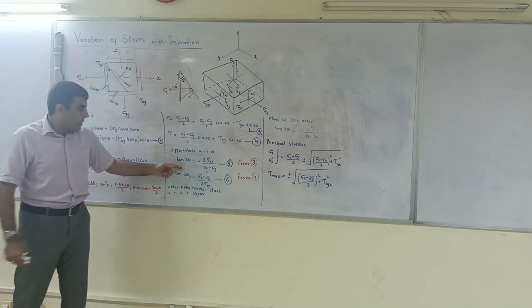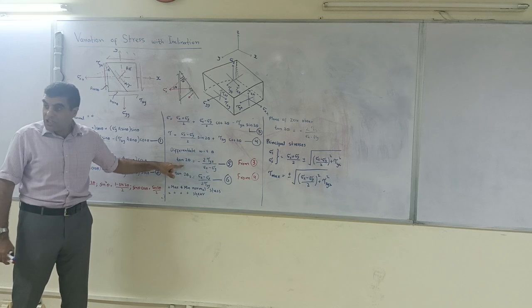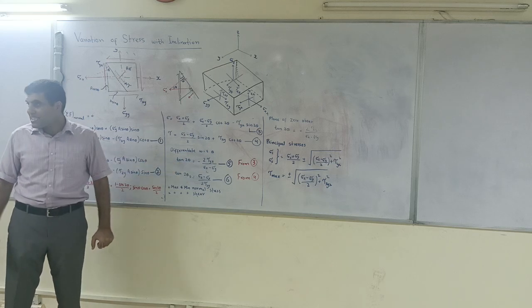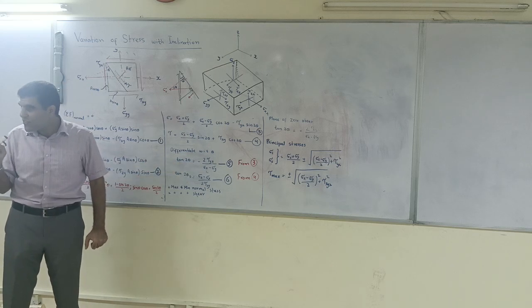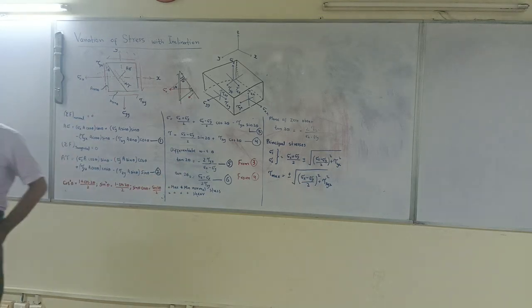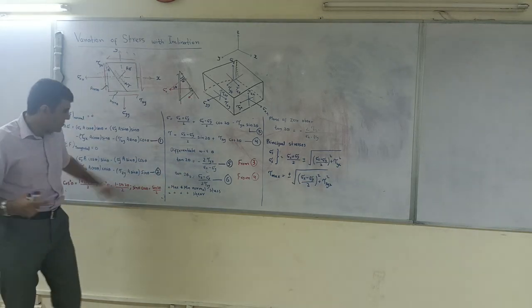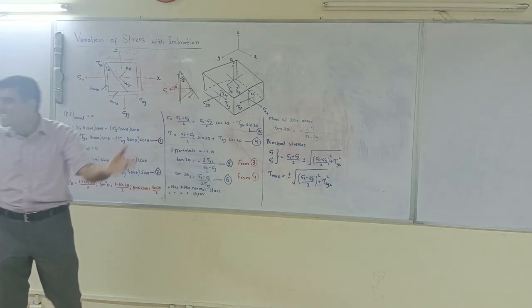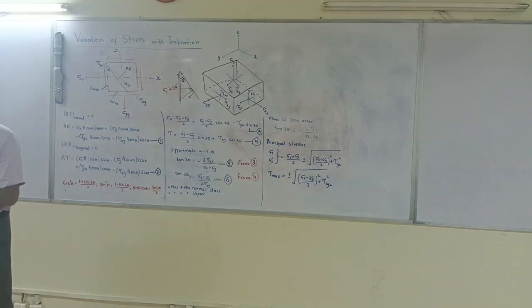But this is tangent 2 theta. Please note, this is not tangent theta. It's tangent 2 theta. So the period of this equation is 90 degrees, not 180 degrees.